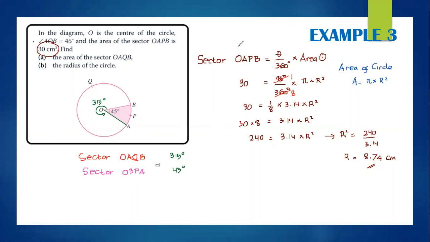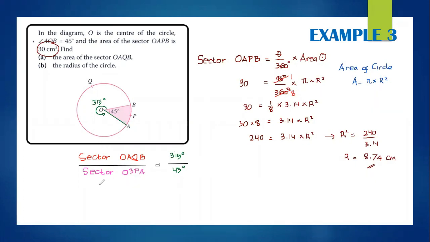We can use the familiar technique or method to find the unknown. What is it? Correct. By using the ratio, right? Sector OAQB over sector OBPA equals 315 degrees over 45 degrees. Very easy, right?